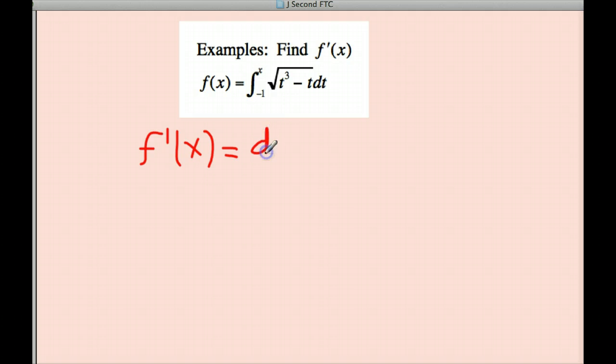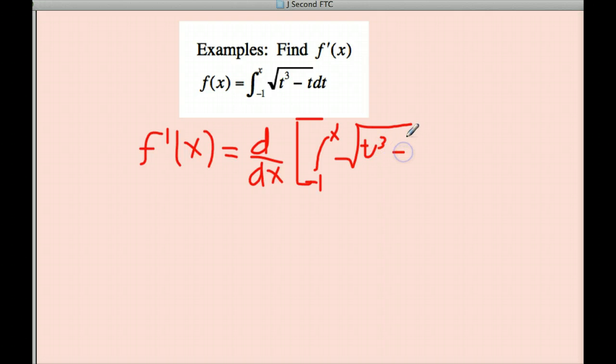I put the d/dx in front, and then in my brackets I put my integral from -1 to x of radical t cubed minus t dt.